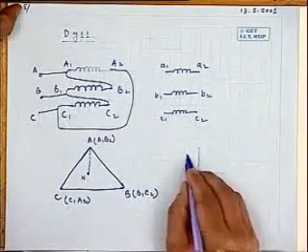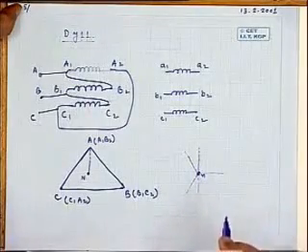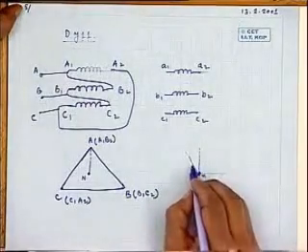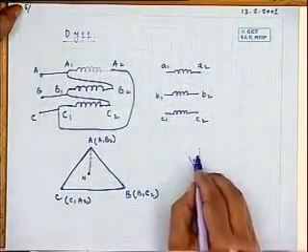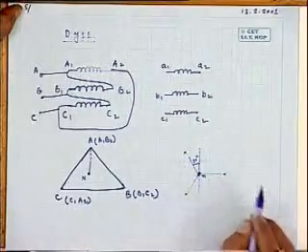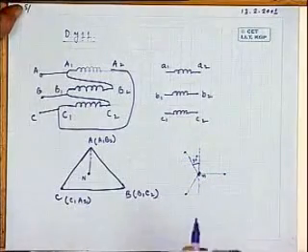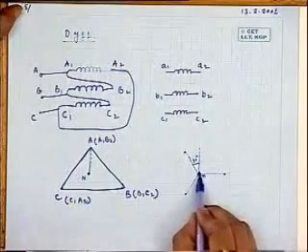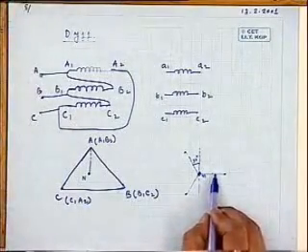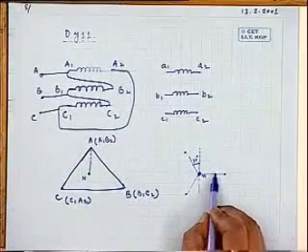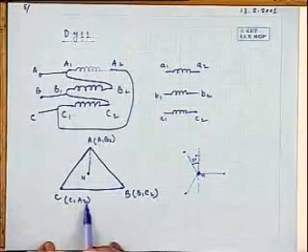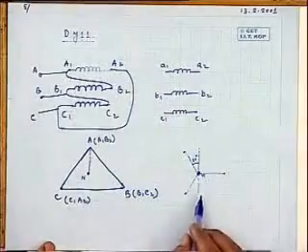Once this is there, then other phases get fixed. Are you getting? This angle is 30 degrees. But here of course it is star connection, no problem. But the only thing I have to see is whether this voltage is available on the secondary side or not. Tell. Yes, it is available.